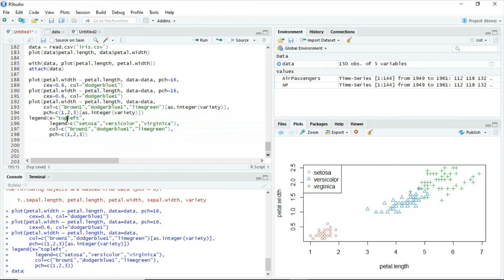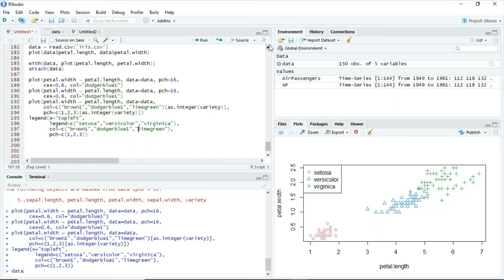Here you can find it is written topleft. Topleft means here. So you can change the legend position according to the plot. Whenever I'm plotting a legend, here also the three specific species in my data set are passed as a vector, combined, and then passed to the legend.